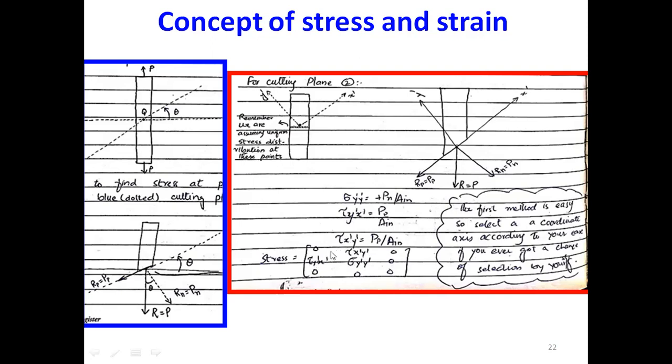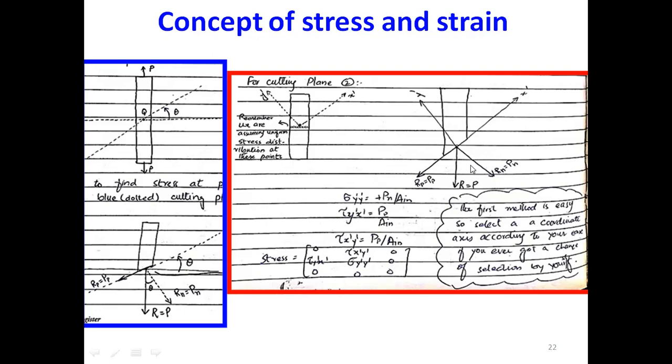And also we know that the cross shear components are equal in magnitude but opposite in direction. So we would also have tau x prime y prime, and in the stress matrix we would have also tau x prime y prime. So here we would see three stress components, and the remaining all would be zero. The reason is that the force is only along these two axes, x prime y prime. So the remaining all would be zero.